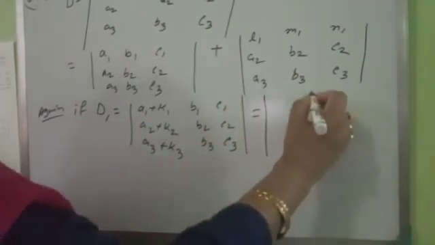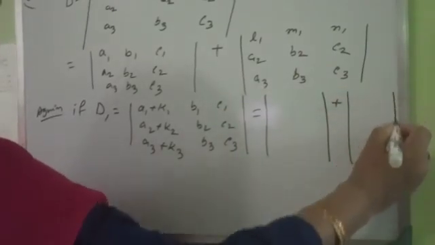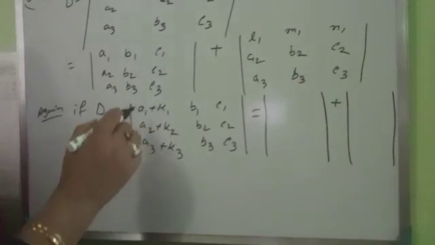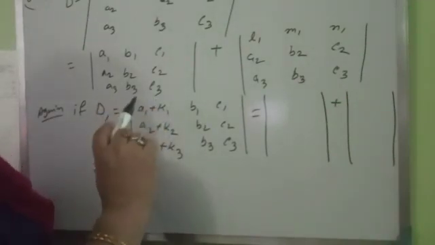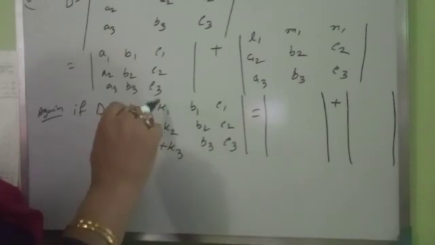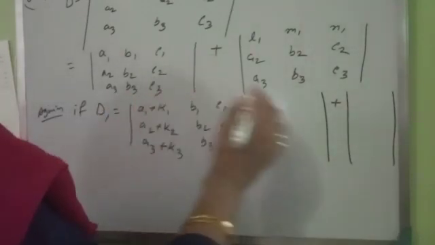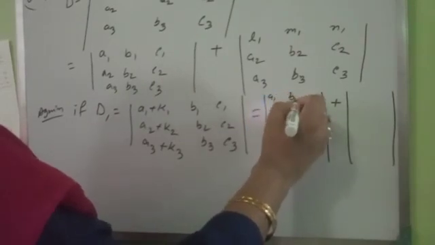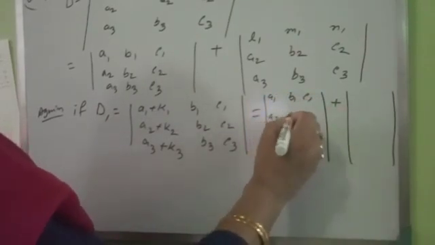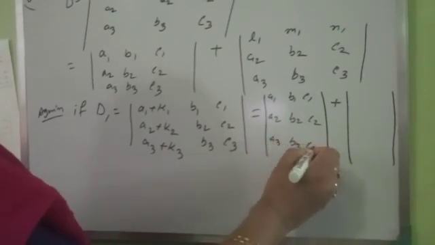Here also we can separate the two determinants. How? Because each term of the first column is added to K1, K2, K3, these three terms. So we can separate A1, B1, C1, A2, B2, C2, A3, B3, C3.